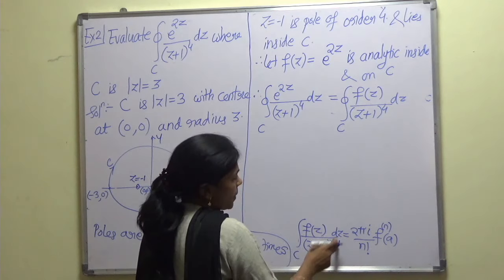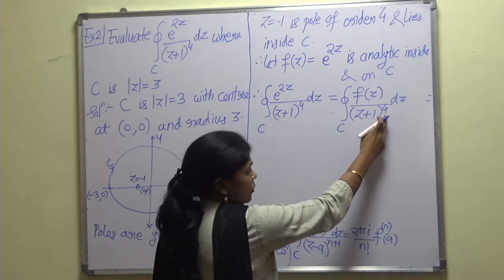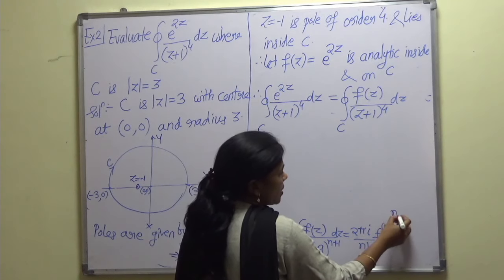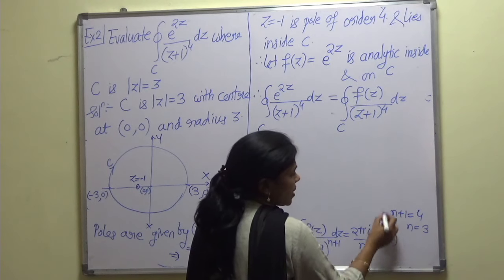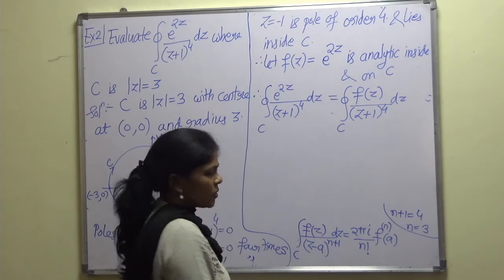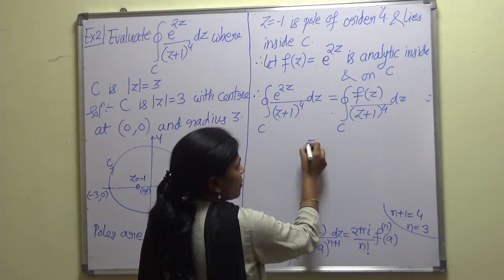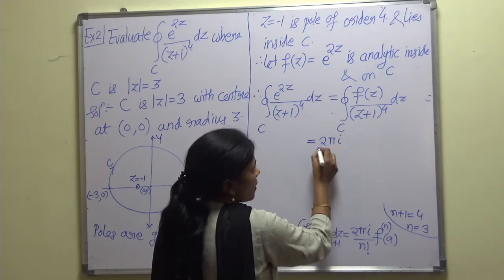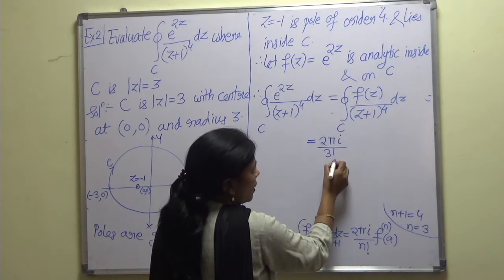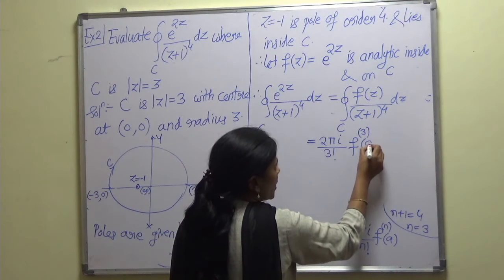Over here compare: what is the value of n plus 1? Over here it is 4. So n plus 1 is 4, so n will obviously be 3. On the right hand side put everywhere n as 3. So it will be 2 pi I upon 3 factorial, then third derivative of f of z at a.